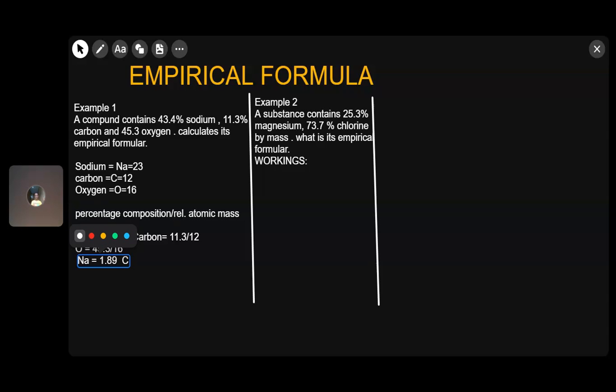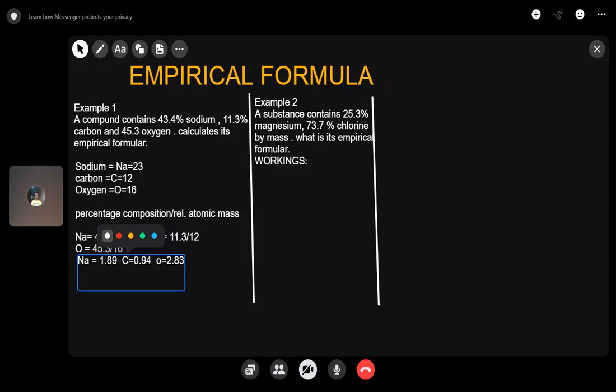For carbon, when we divide it, it gives us 0.94. And for oxygen, we have 2.83.